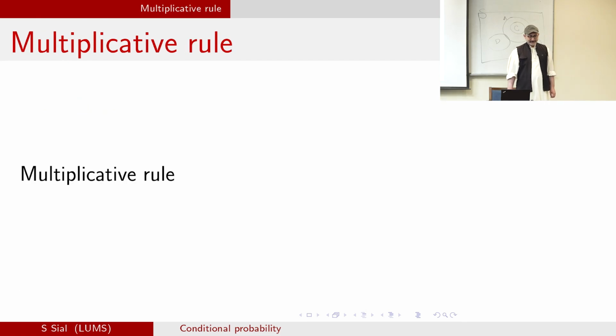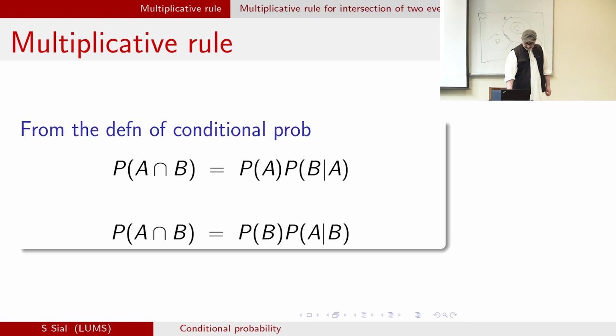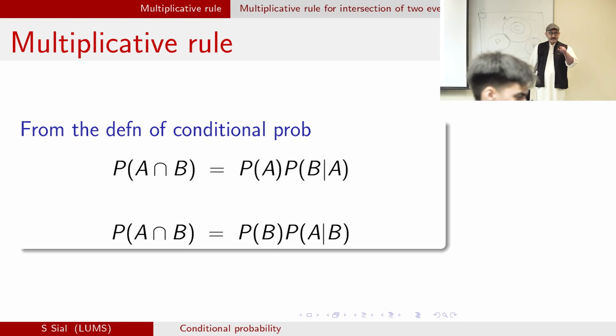Now we come to an idea called a multiplicative rule. As we've seen before, sometimes you want to write some quantities in terms of other quantities because it might be easier to do the calculations. So recall the definition: probability of B given A is the probability of B intersection A, which is the same as the probability of A intersection B, divided by the probability of A. So I can bring one term over to the other side.